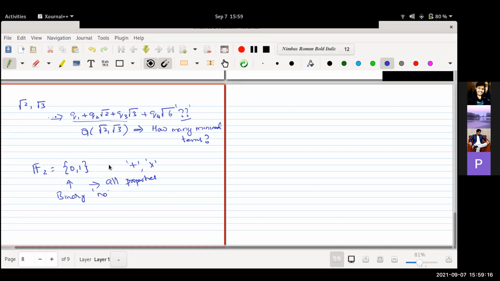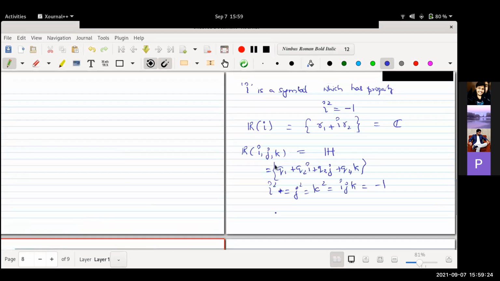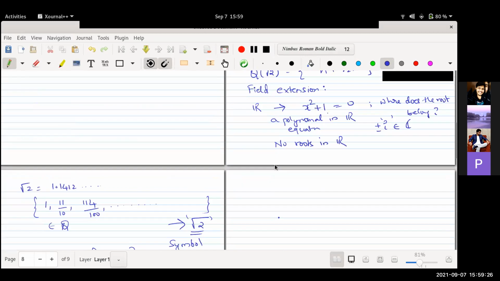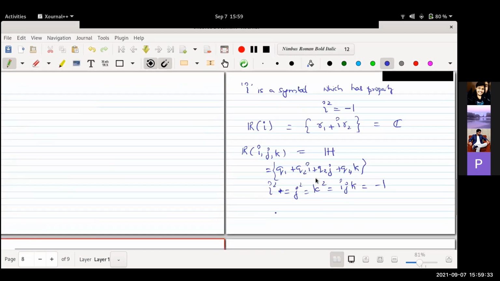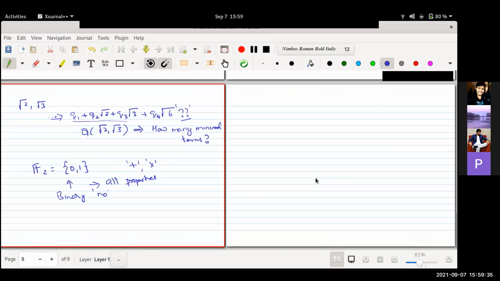We can expand that, and you can go on expanding. There will be no place to stop. With the complex numbers, what we found out was that if I added i to the real numbers, any polynomial in the complex domain has roots in the complex domain.